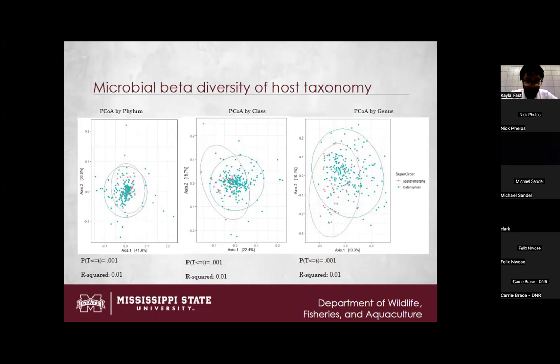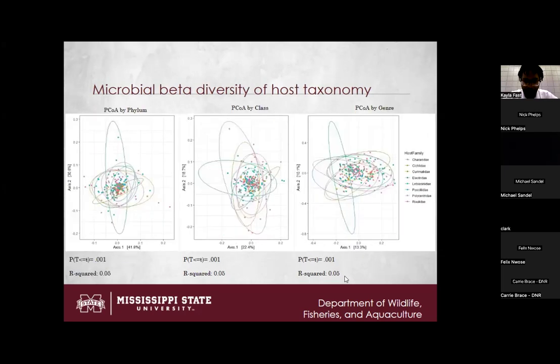So we see that we have very significant differences, but like I said earlier, the R-squared value is pretty low, so not all of the differences in these 2 superorders can be explained by just comparing with fish taxonomic levels. And we see the same thing with fish taxonomic levels of host family.